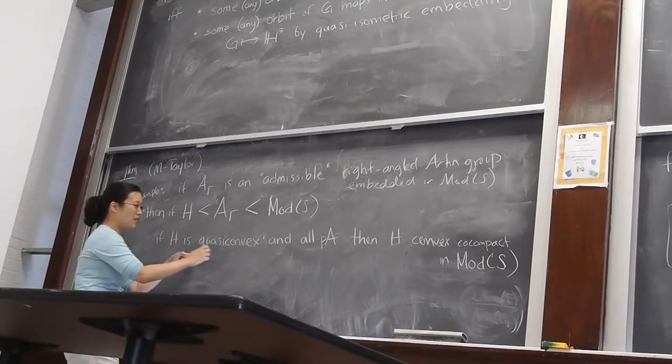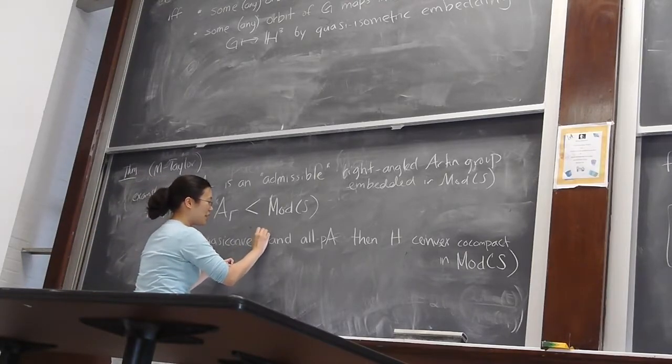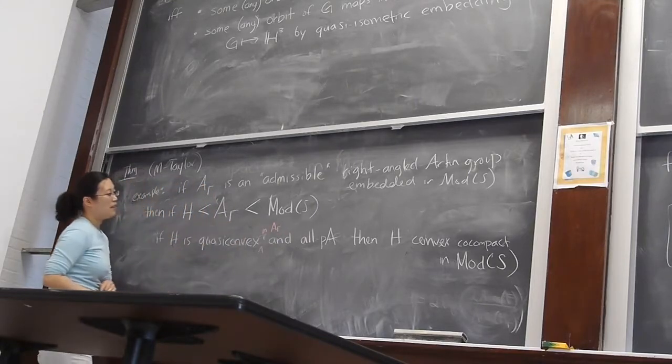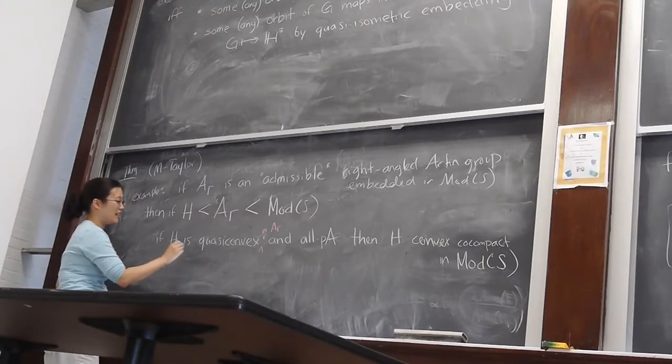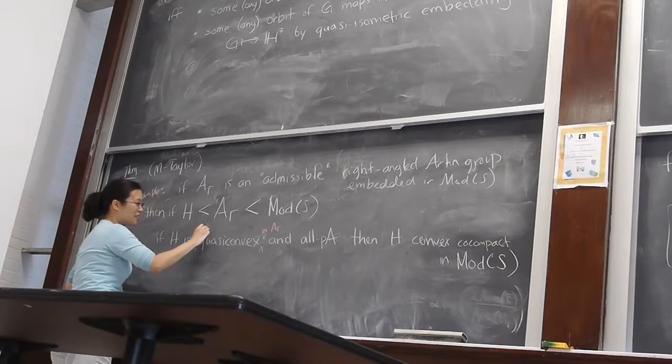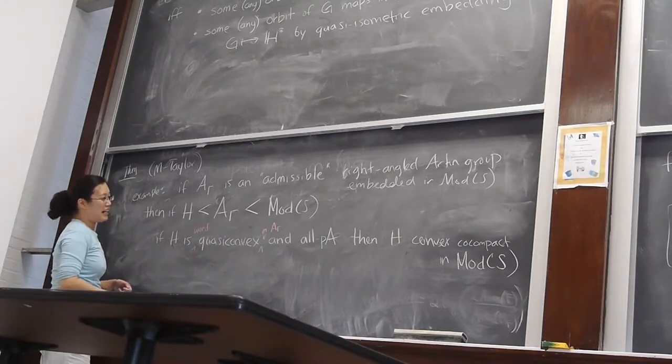So first of all, the more basic question is, what do I mean by quasi-convex in the right-angled Artin group? If you know about right-angled Artin groups, you're thinking, what do you mean by that?